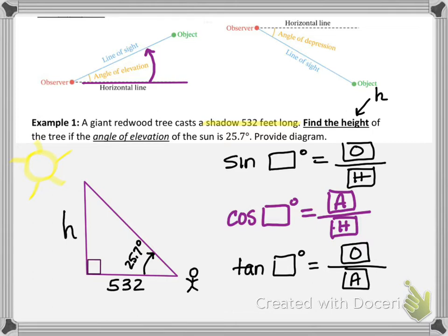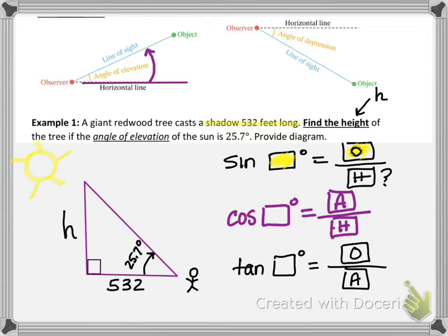So what you want to do is notice that there are going to be two things given to you and one thing needs to be looked for. I'm going to do some highlighting here to give you an example of what I mean. For instance, on a picture, I might give you this angle in sine and this opposite side, and I'm going to ask you to look for the hypotenuse.